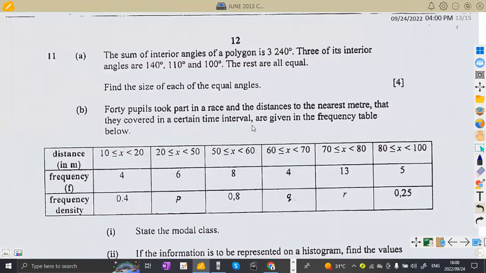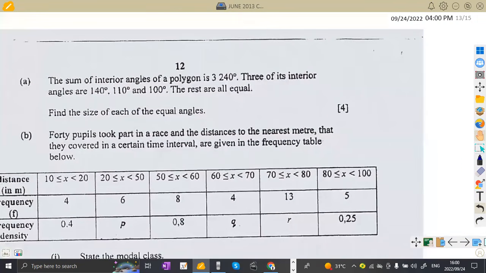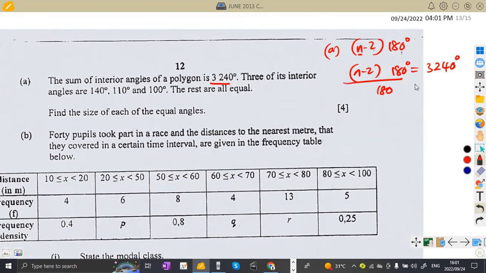So from the sum of interior angles, we can use this concept: n minus 2 times 180 gives us the sum of interior angles, and we are given the sum. So you can find n, the number of sides, which means we know the number of angles. So n minus 2 times 180 degrees is equal to 3,240 degrees, which is the sum here. So we can divide by 180 degrees.